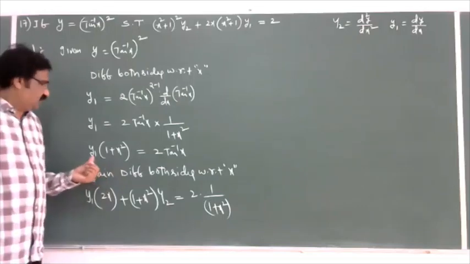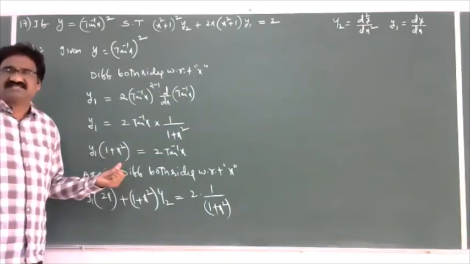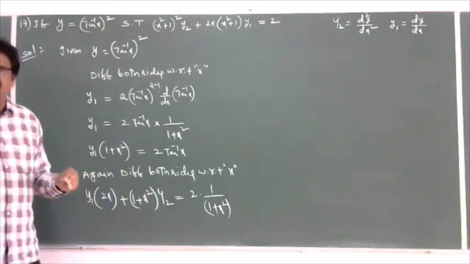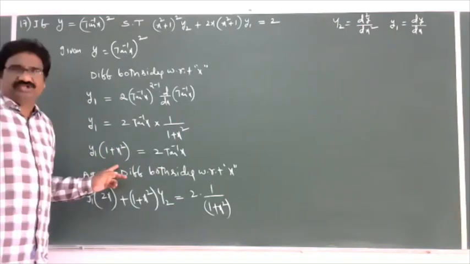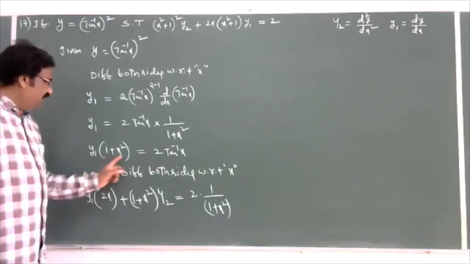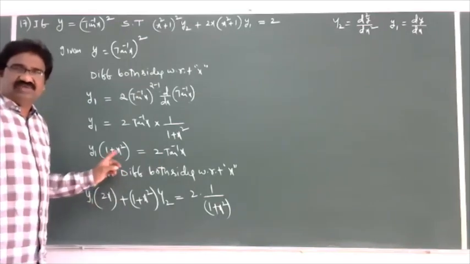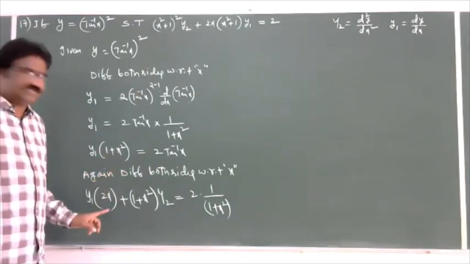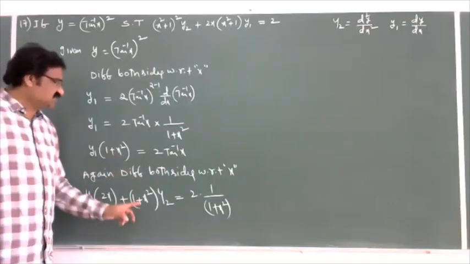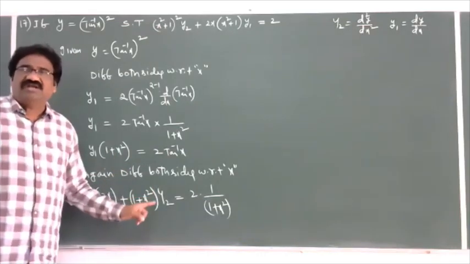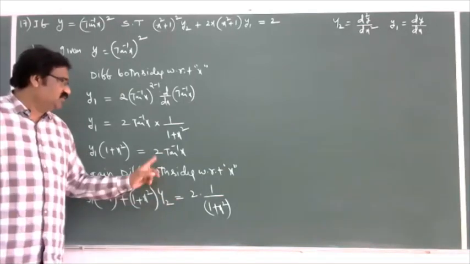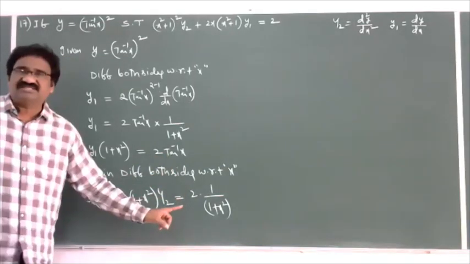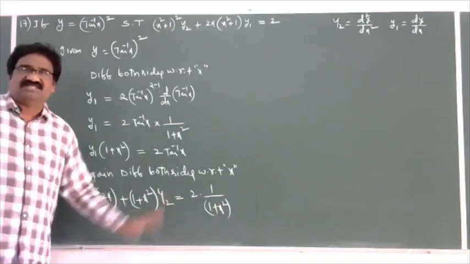Here observe, y1 into 1 plus x square. y1 is one function and 1 plus x square is the other function. Here using the product rule: first function into derivative of second function, that is 1 plus x square derivative 2x, plus second function 1 plus x square into derivative of first function, that is y1 derivative y2, is equal to 2 into, what is the tan inverse x derivative? 1 by 1 plus x square.